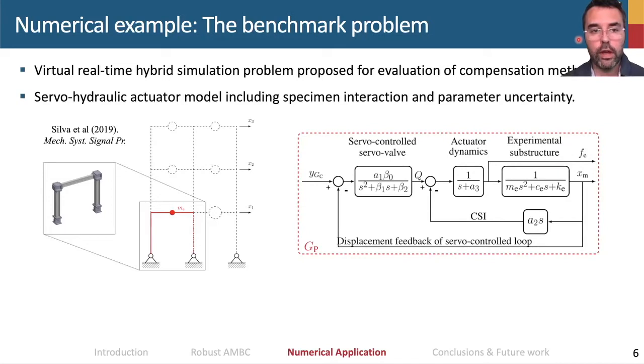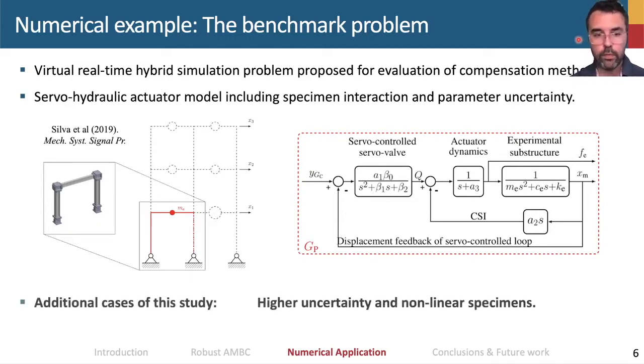We consider a servo-hydraulic actuator model, including specimen interaction and parameter uncertainty in both the experimental substructure and the values of the actuator. Additional cases in this study are that we consider higher uncertainty and nonlinear specimen compared to the original benchmark.